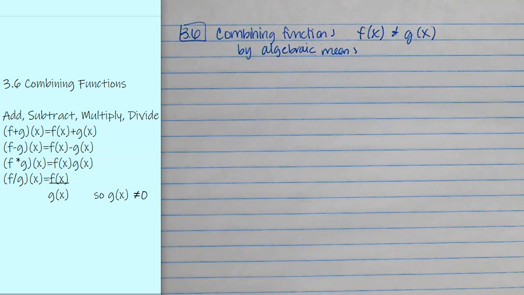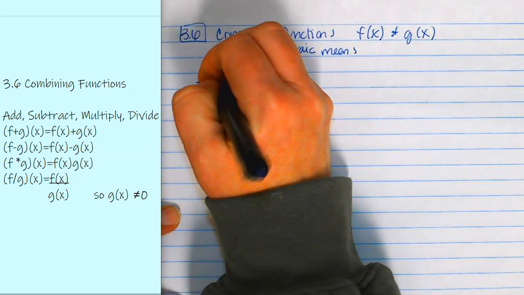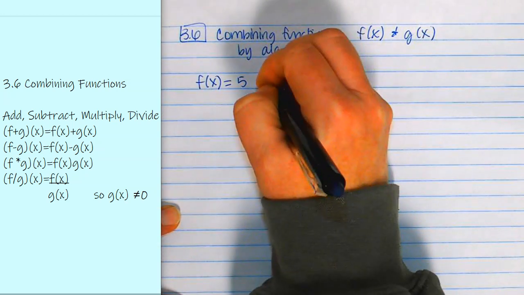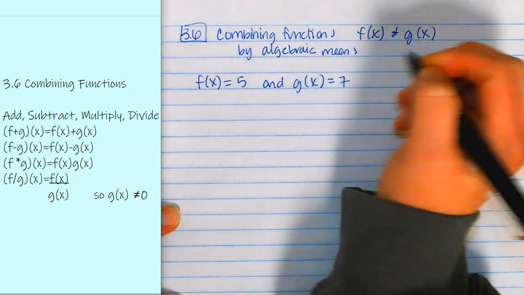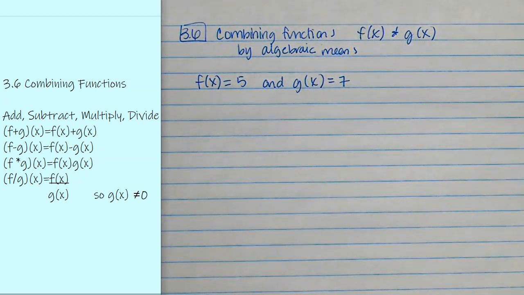So let's say that we have f of x and g of x. Let's say that f of x equals 5 and g of x equals 7. Okay, so we've got these two functions.